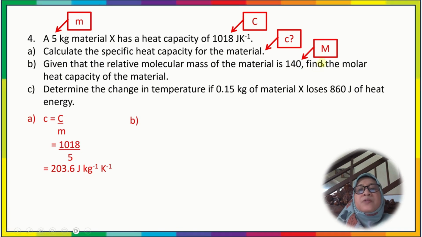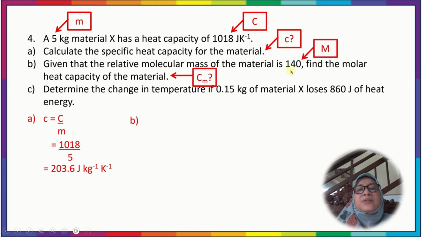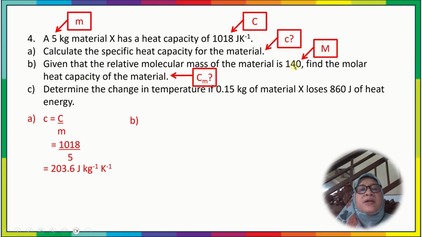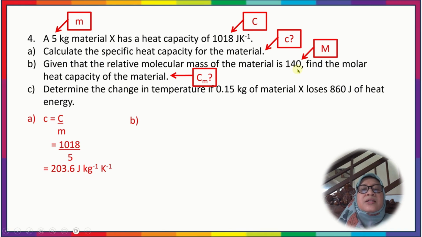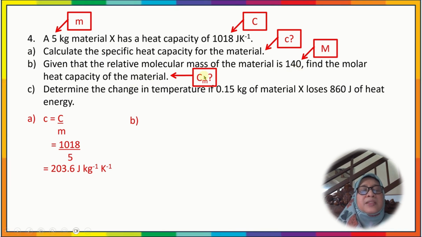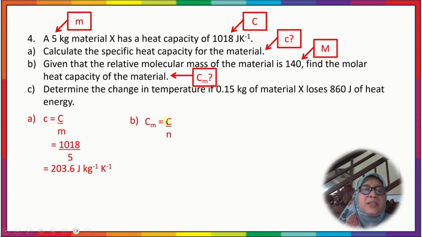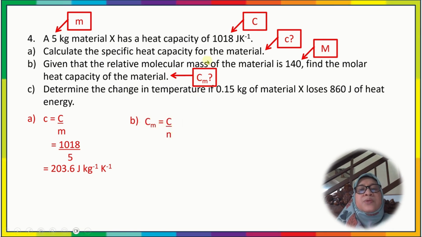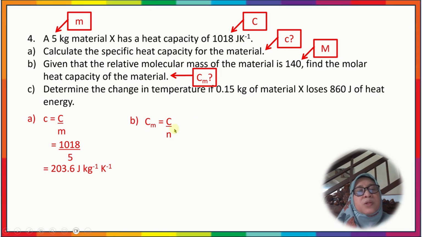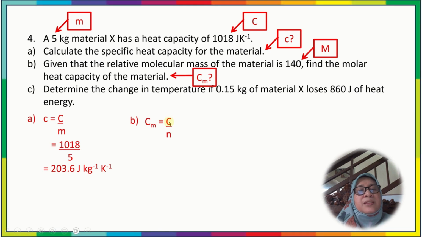Okay, for B, you are given the relative molecular mass. So this 140 is the molar mass. We are going to find the molar heat capacity. For molar heat capacity, the formula is C over n. So the unit will be joule per Kelvin per mole, or joule per mole per Kelvin. That's why we divide the heat capacity by the number of moles.